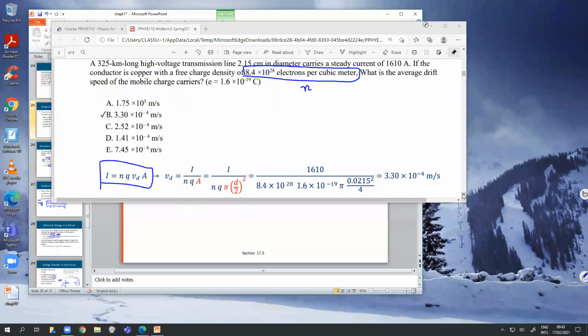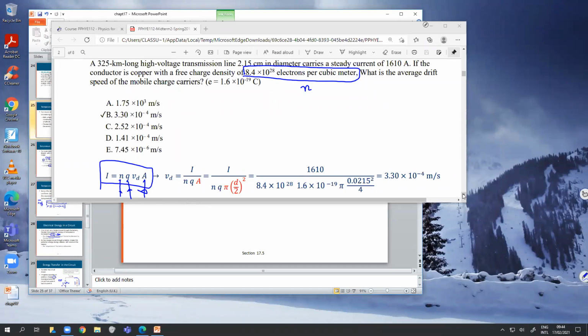Because you forgot what you learned, this equation: we have a relationship between current and the drift speed VD, because current is the rate of flow of charges, and that can be related to the drift speed of the charge carriers, the charge density, the charge of one charge carrier, and the cross-sectional area through which the charges are flowing. It's simply that you forgot that concept. That's why it confused you.